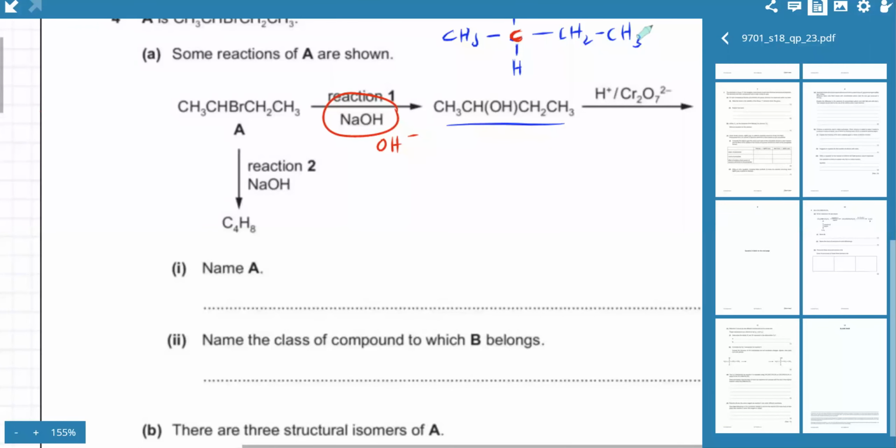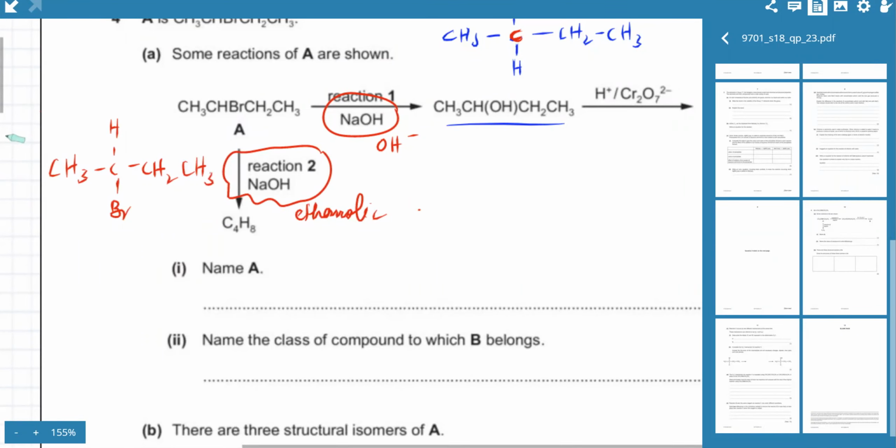The elimination reaction is that ethanolic NaOH is used instead of aqueous. And if you use ethanolic NaOH, an alkene is formed. An elimination reaction happens. And how is an alkene formed?